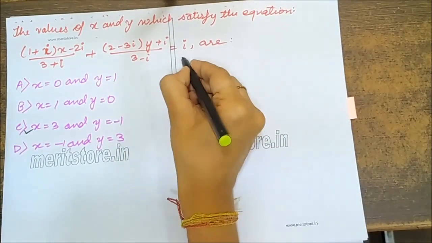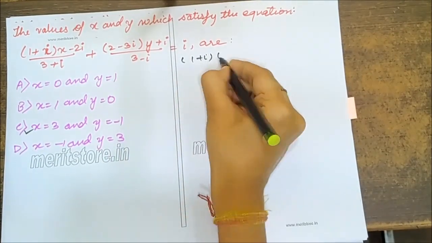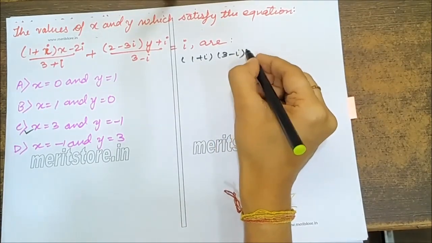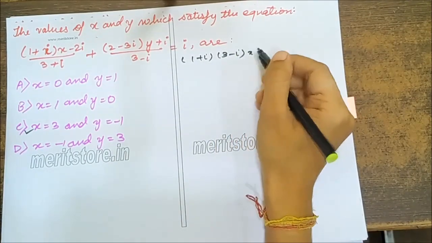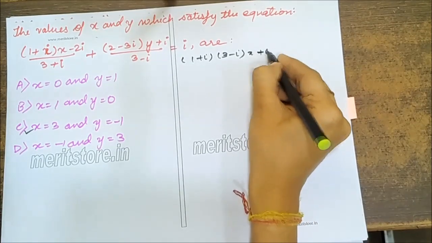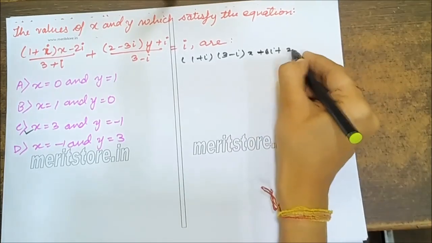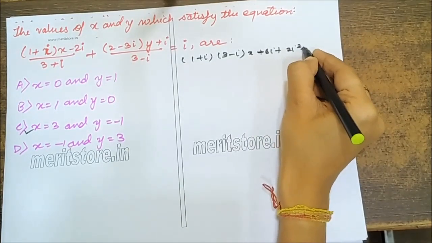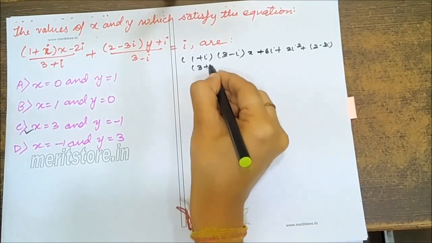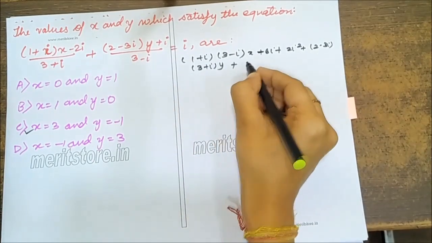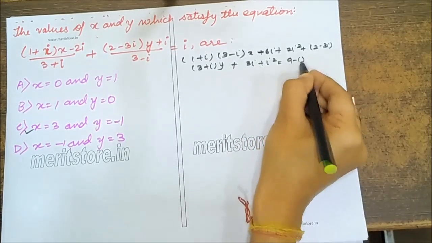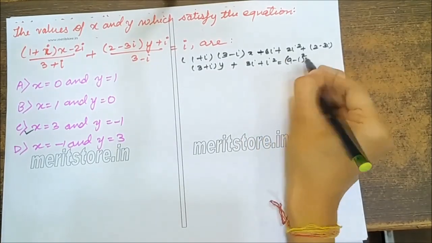I'll show you. (1 plus i)(3 minus i)x plus minus 6i plus 2i square plus (2 minus 3i)(3 plus i)y plus 3i plus i square is equal to (9 minus i square) into i.